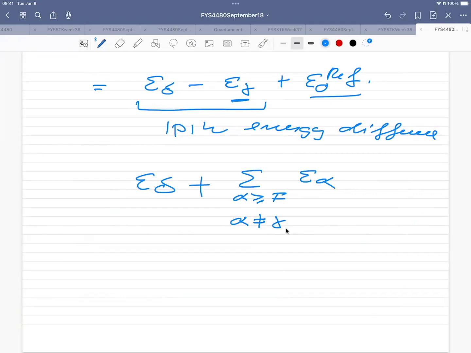So the energy for that state, the non-interacting energy, has to be equal to the energy of the particle plus the reference energy minus the energy of the state which you took out. That makes sense, right?